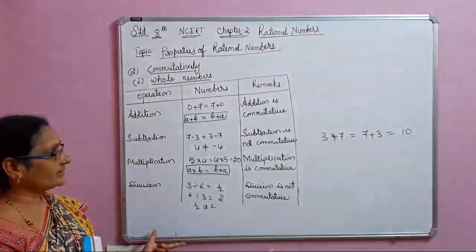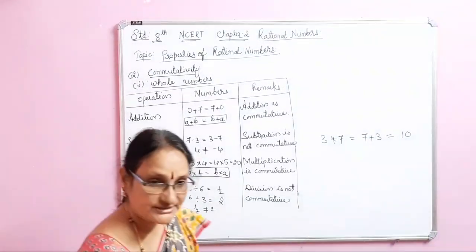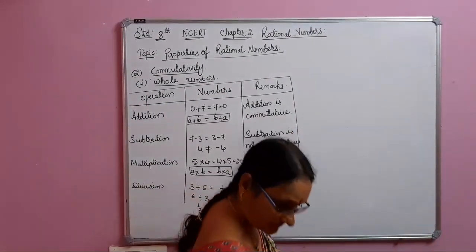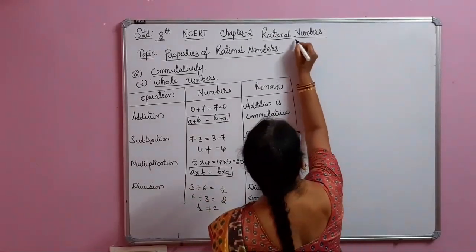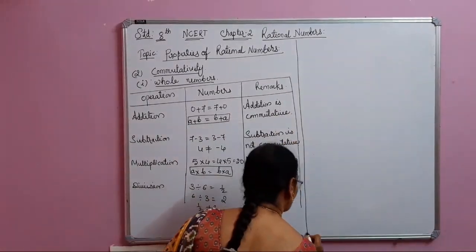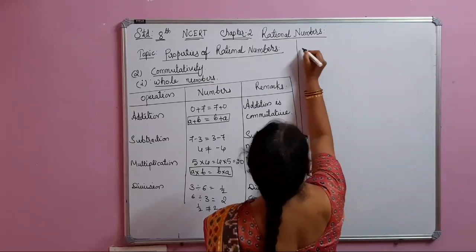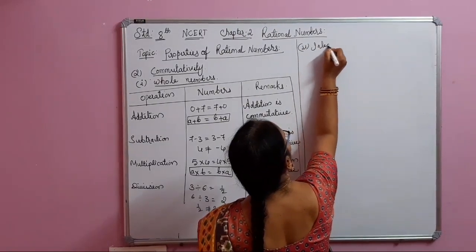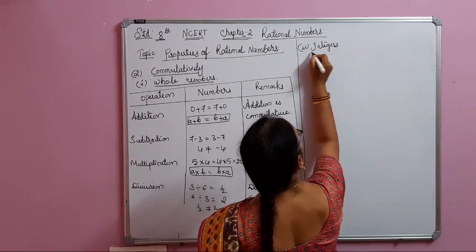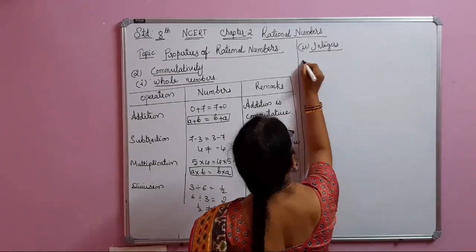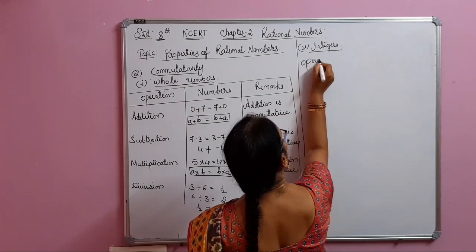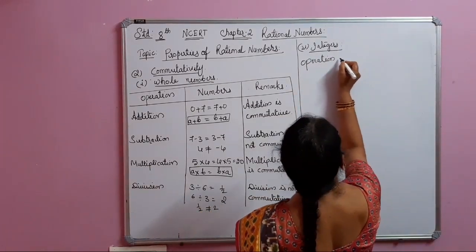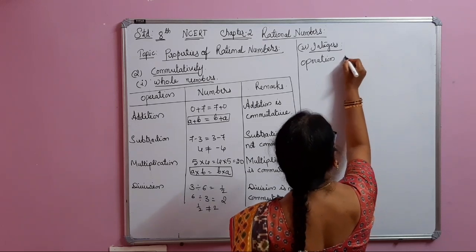Now the same thing we can do for the integers. We'll take now integers. In that also, again we'll take the four operations: addition, subtraction, multiplication and division.